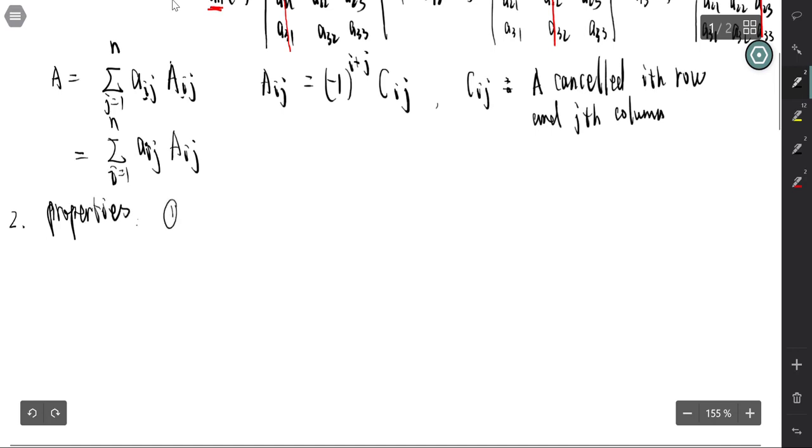The first one is when we exchange or interchange two rows, the determinant changes sign.